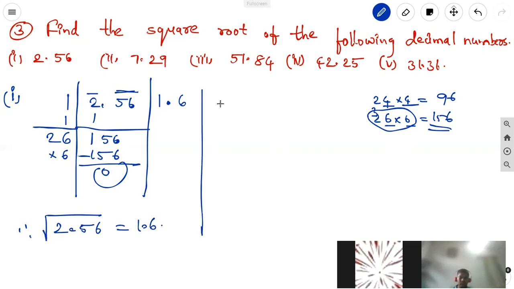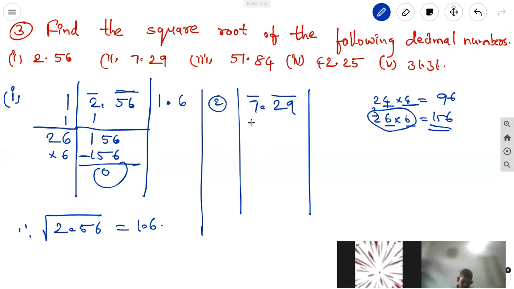The second problem, 7.29. Here, in the decimal part, take two numbers as a pair with a bar, and the integral part is 1 number, a 1 bar. Nearest to 7, what is the perfect square? 2 twos are 4.